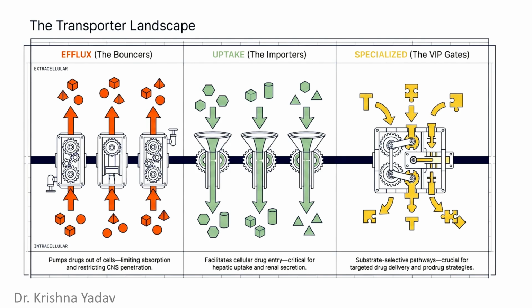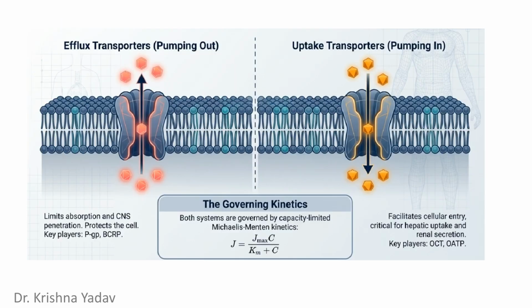Having understood transporter classification, we now focus on transporters. Efflux transporters, like bouncers, pump drugs out, restricting CNS penetration. Uptake transporters, the importers, facilitate drug entry. Specialized transporters are substrate selective, crucial for targeted drug delivery. Efflux transporters pump drugs out, limiting absorption and protecting cells, while uptake transporters facilitate cellular entry, critical for hepatic uptake and renal secretion.